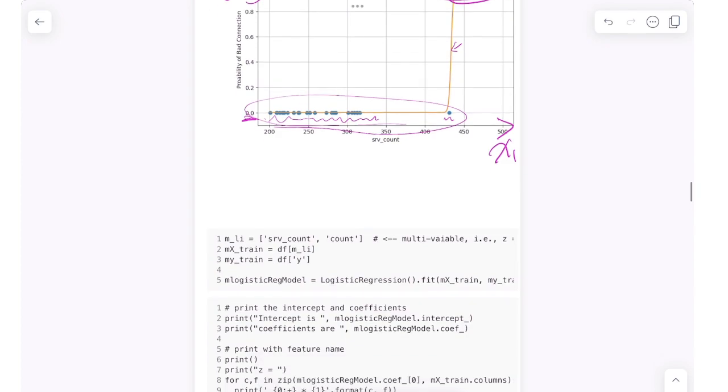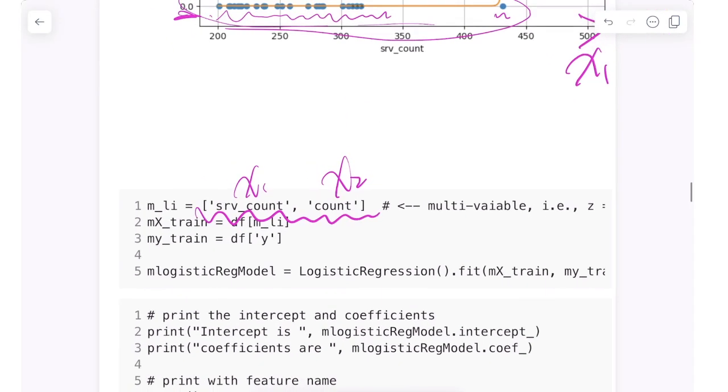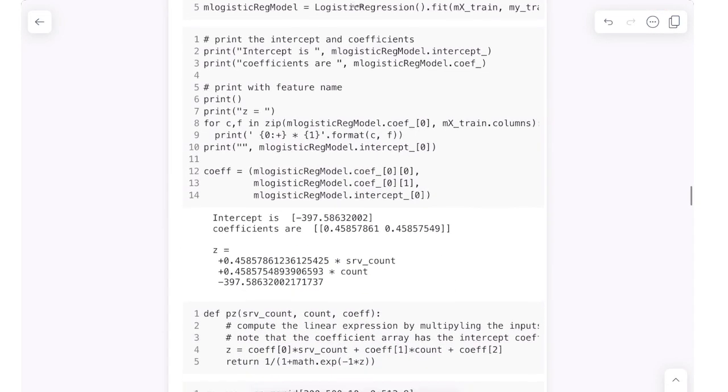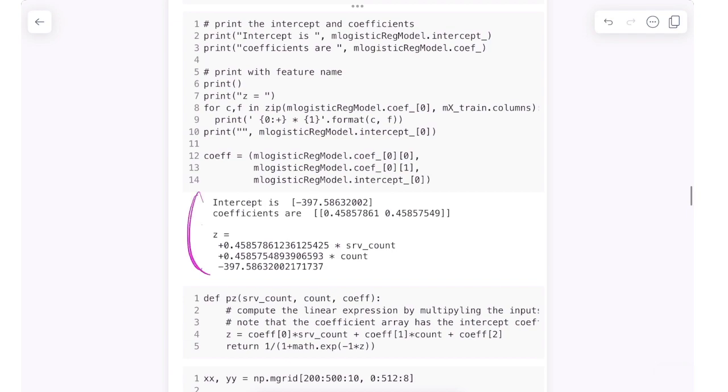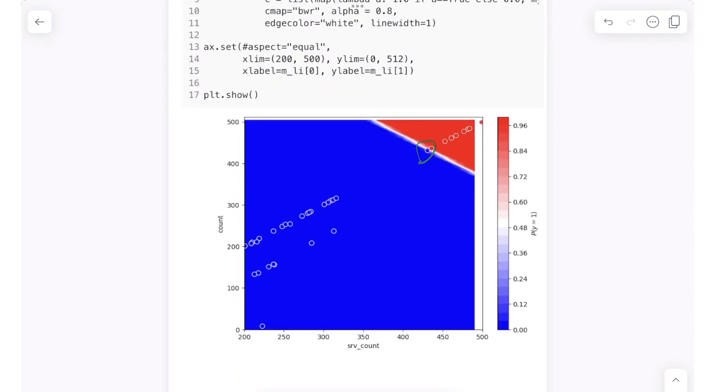Again, I selected one more feature for you, so take a look at the code by yourself. You can use the package to calculate the coefficients right here, and we can plot it onto a 2D surface. That's x1, that's x2, and here is the probability of an attack.